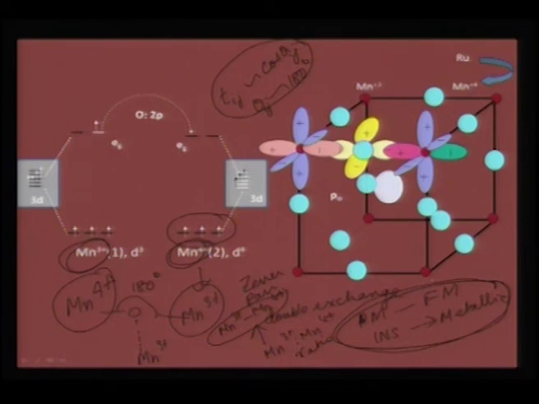As a result, this ratio has to be maintained at all cost. What we have tried to do is to put ruthenium into this site, either the manganese 3 plus or 4 plus site, and try to see whether this interaction can still be maintained and how X-rays can be used to ascertain the interaction between manganese and ruthenium core centers.